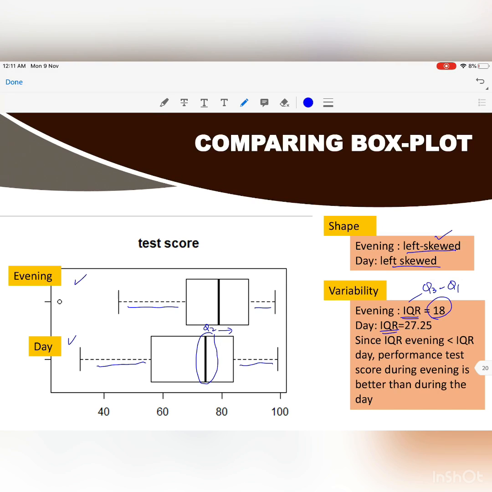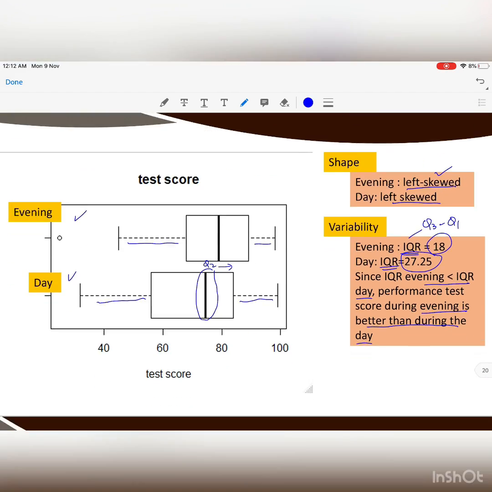For evening, IQR equals 18. For the day, IQR equals 27.25. Since IQR evening is less than IQR day, the performance test score during the evening is better than during the day. If your IQR is less than the other group, that means that group is better.